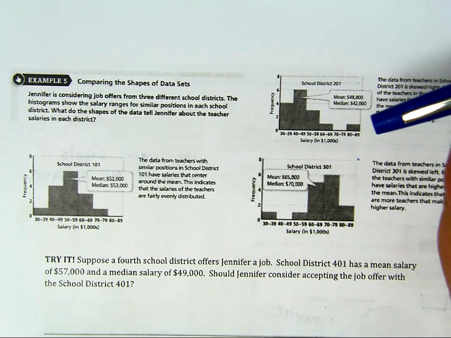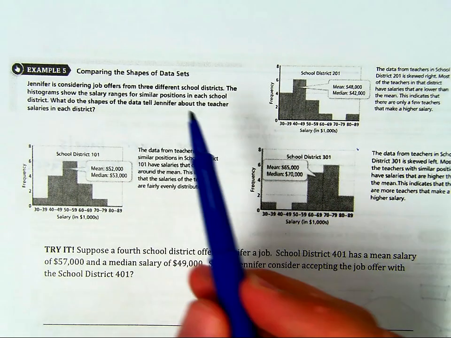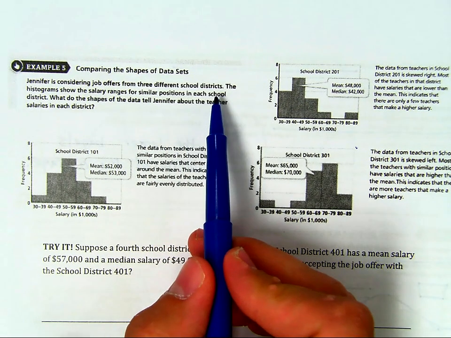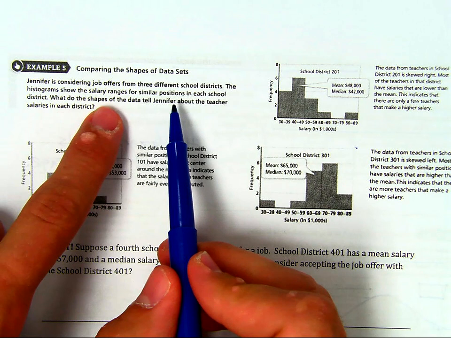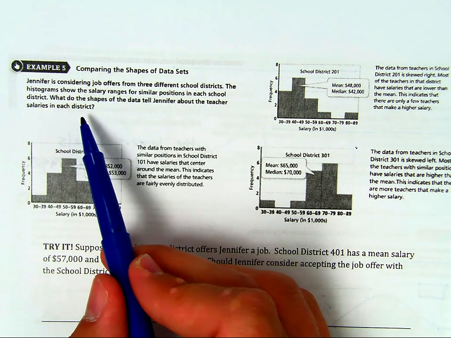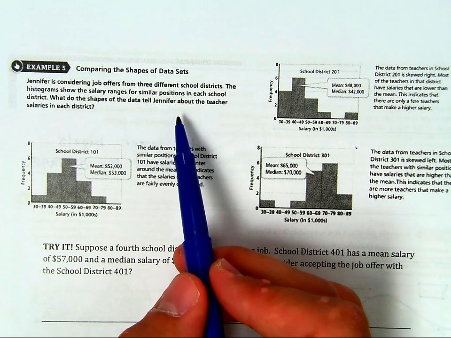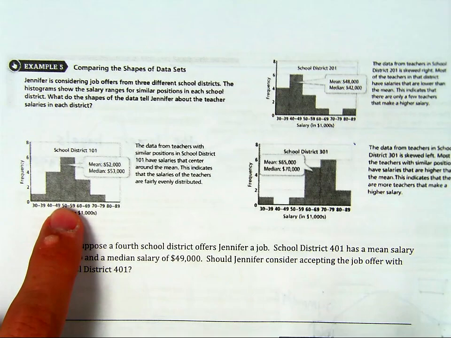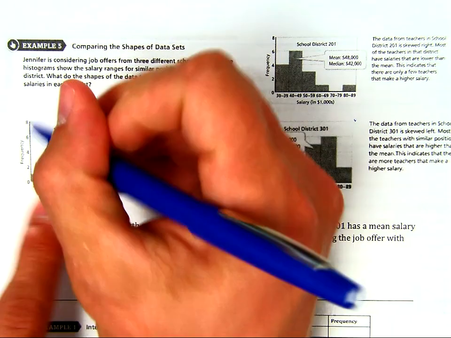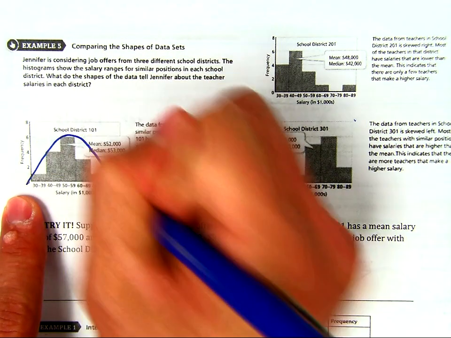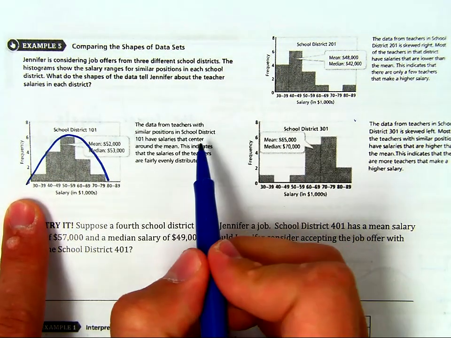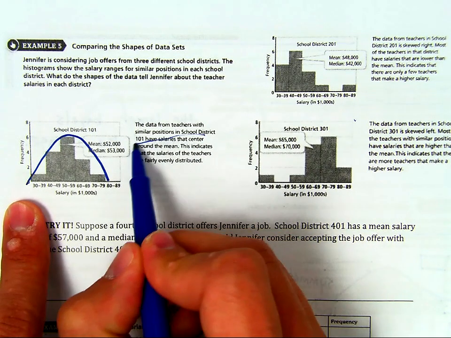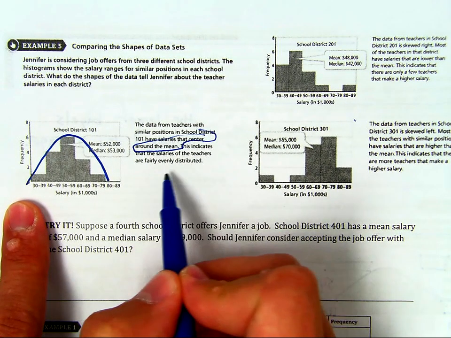Jennifer is considering job offers from 3 different school districts. The histogram shows the salary changes for similar positions in each school district. What do the shapes of the data tell Jennifer about the teacher salaries? So this one right here, okay, we can see that it is fairly symmetric. Okay, so they center around the mean. This indicates that the salaries of the teachers are fairly evenly distributed.